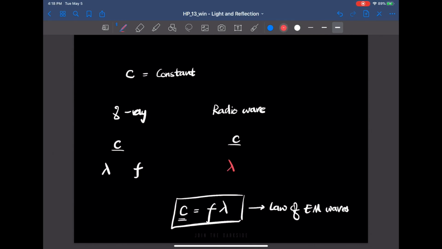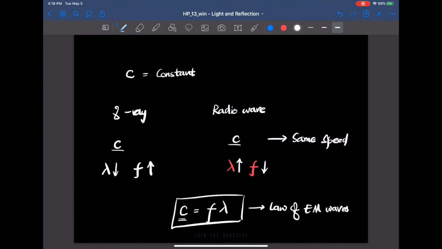For a gamma ray, the wavelength is really small, so the frequency is high. But for a radio wave, the wavelength is high and the frequency is low. This is the reason why they can always have the same speed.